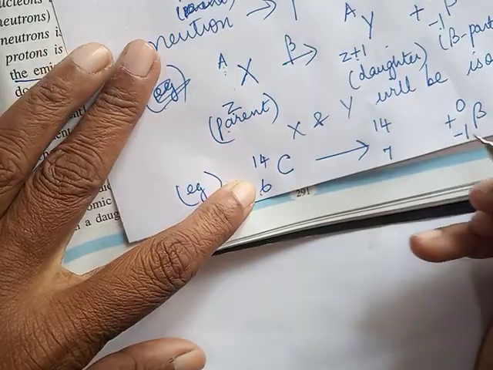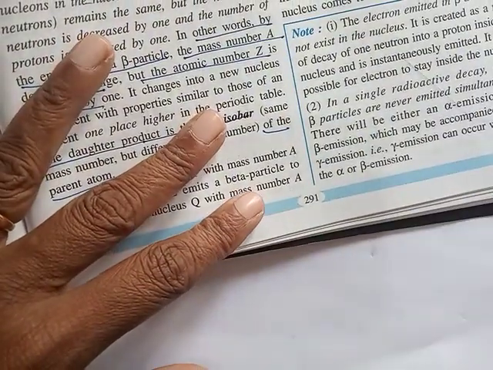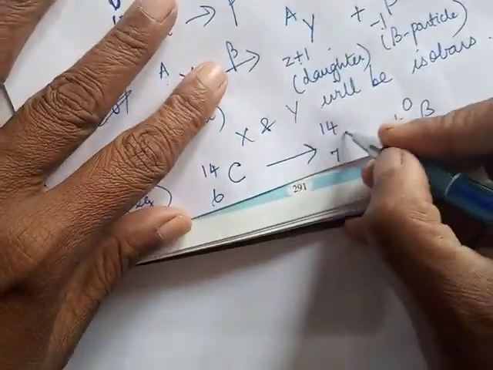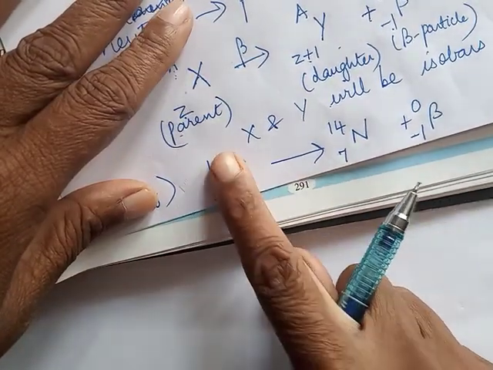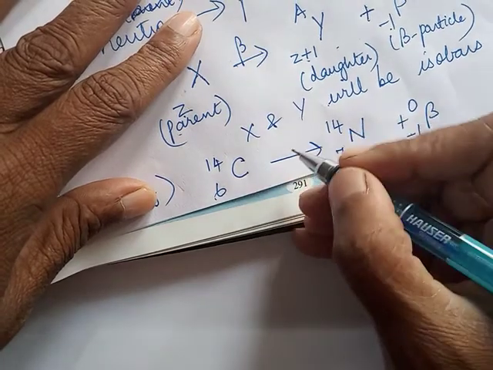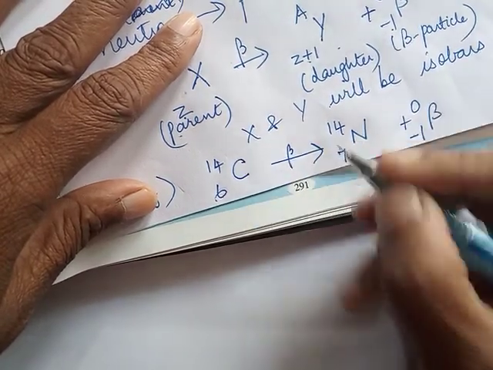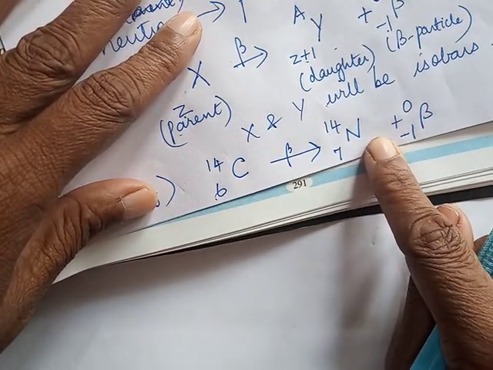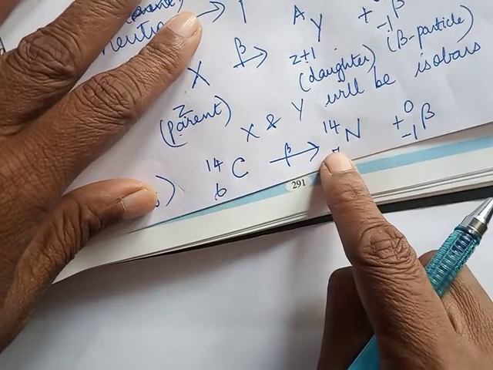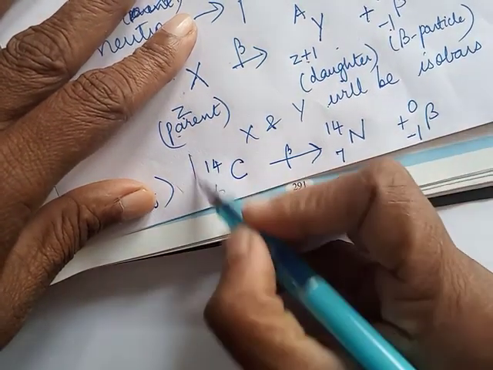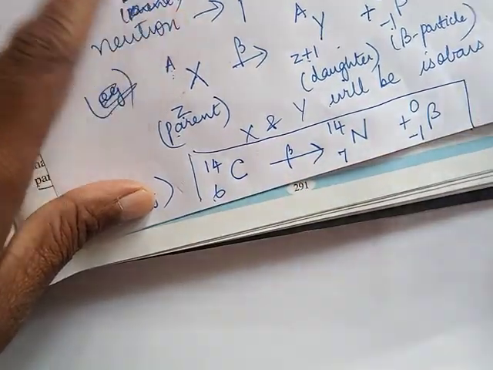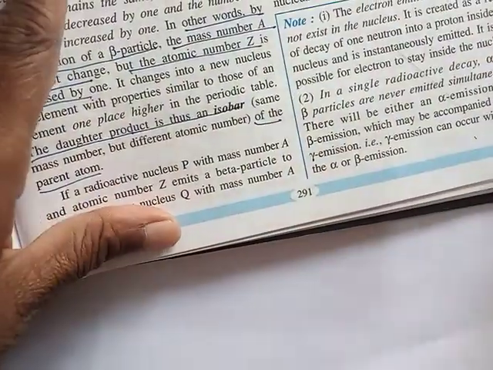So that will be nitrogen. So carbon 14-6 got disintegrated after emitting a beta particle, got disintegrated to nitrogen. So these two are isobars. Hope it's clear, children. This is what will happen during a beta emission.